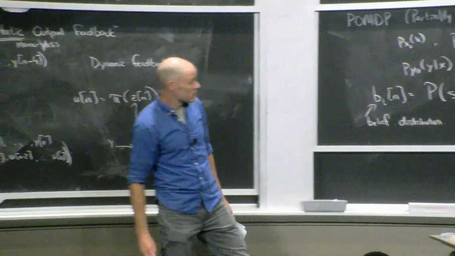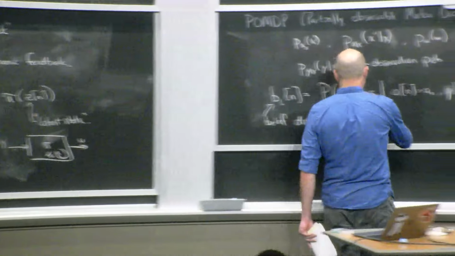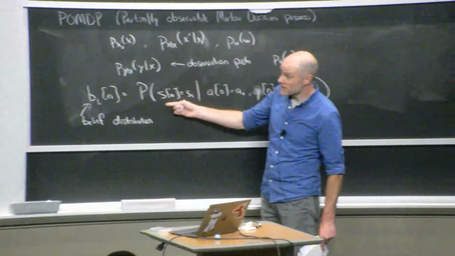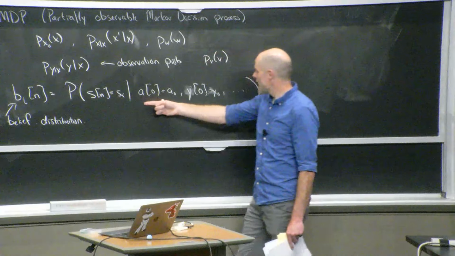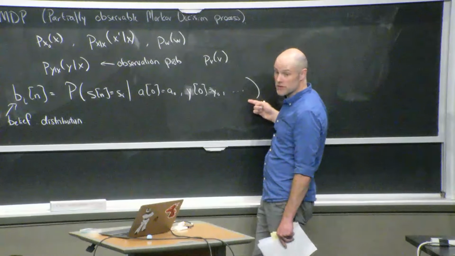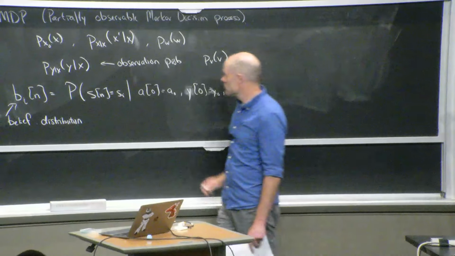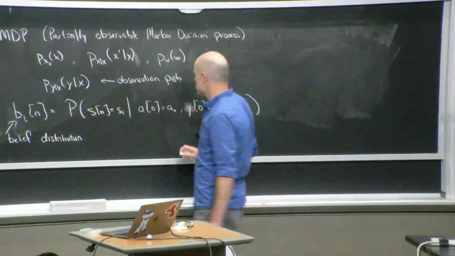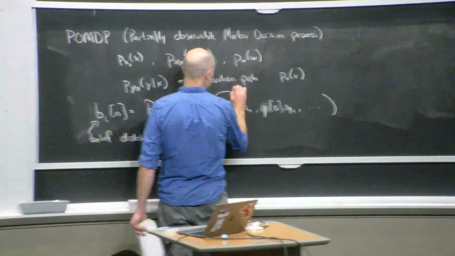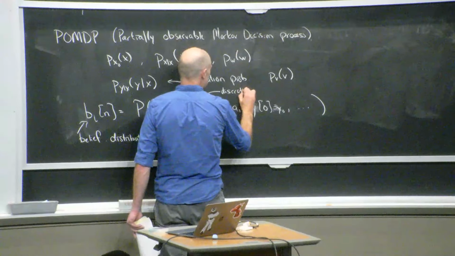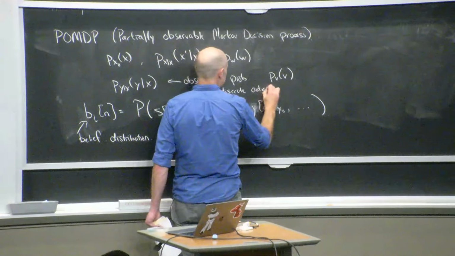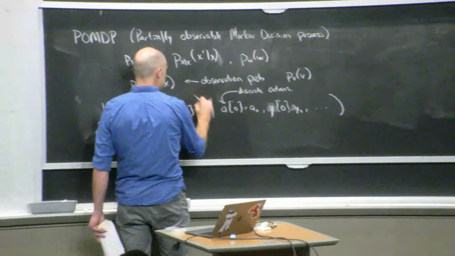It's a probability distribution over the state space, conditioned on my entire history of observations and actions. These are discrete actions, and these are discrete states.